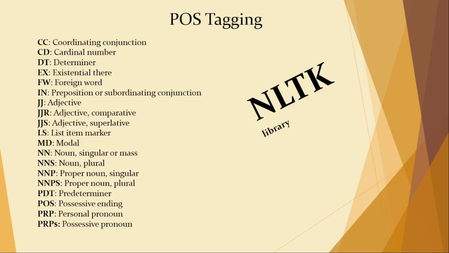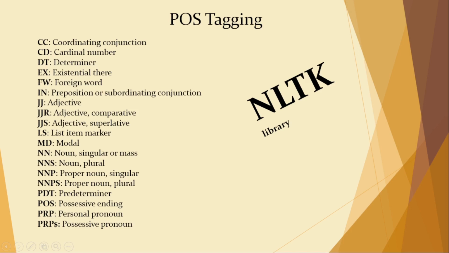And there is a library in Python called Natural Language Toolkit. Shortly, we call it NLTK. Using that library, we can tag the parts of speech for each and every word in the text corpus. There are some of the tags written here, like CC means coordinating conjunction, CD means cardinal number, DT means determiner.